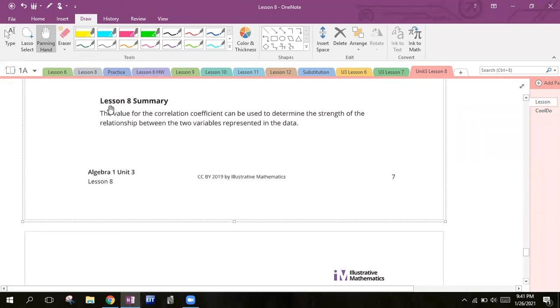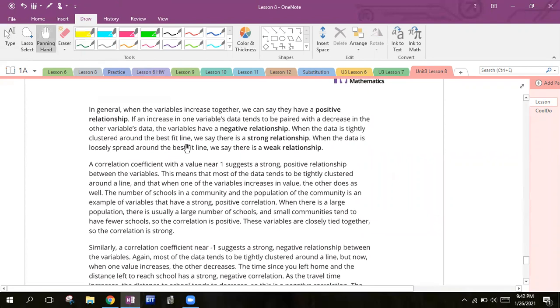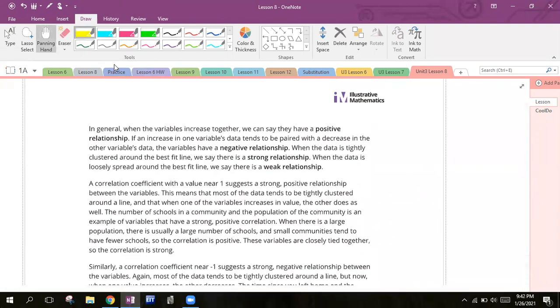All right, so it says, the value for the correlation coefficient can be used to determine the strength of the relationship between two variables represented in the data. It says in general, when the variables increase together, we can say they have a positive relationship, just like a positive slope.